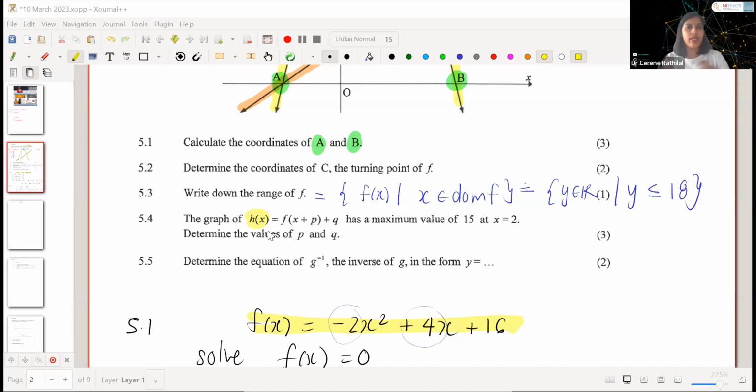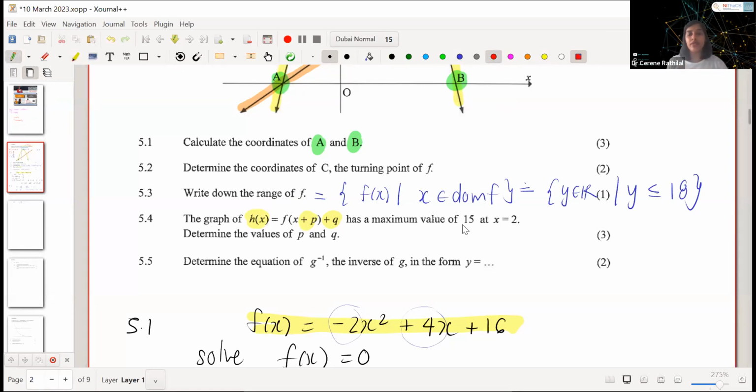And how do I do this? Well, I take f, and the first thing that they are going to do is they will add p units to the input, and then they will add q units. It's going to be of the form where you add q to the output of f applied to x plus p.